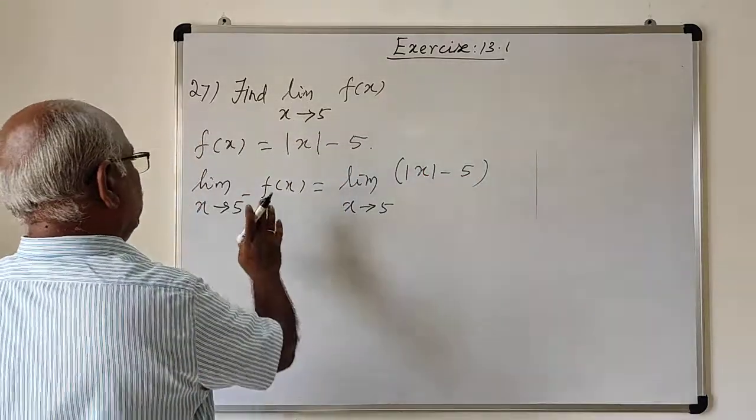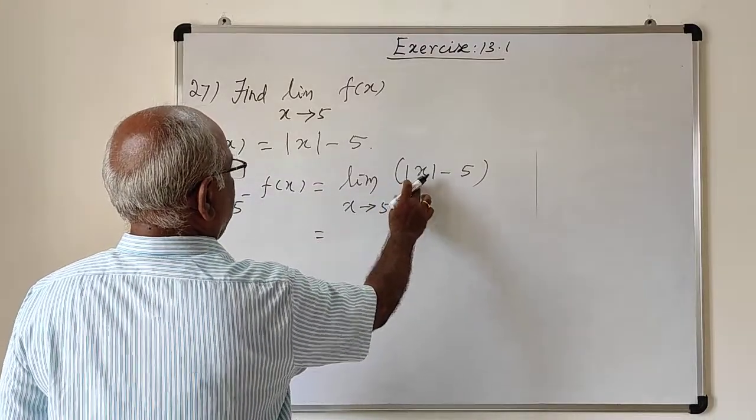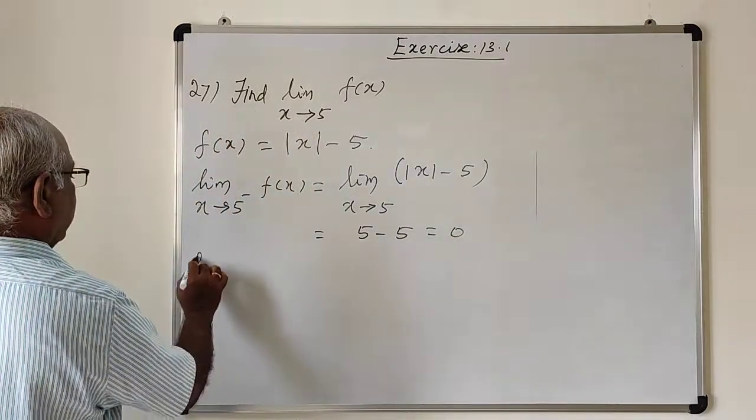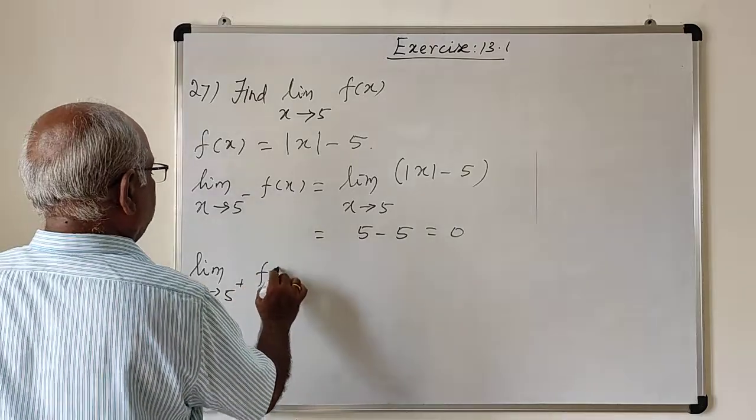Since mod x is greater than 0, mod x is x, so 5 minus 5 is equal to 0. Similarly, the right limit, x tends to 5 plus f of x.